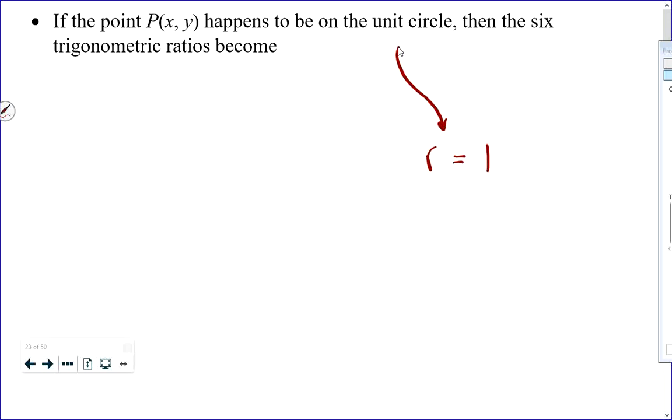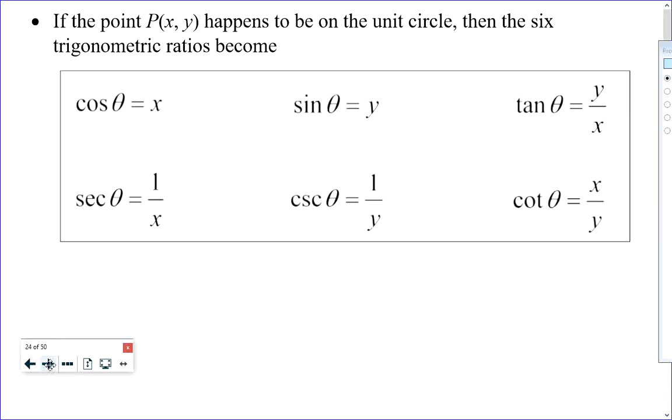So if I tell you that sine is y over r, but it's on the unit circle, then sine is y. And this takes us back to yesterday. That's one of the things we learned about the unit circle. On the unit circle, the y-coordinate is equal to the sine of the angle. On the unit circle, the x-coordinate is equal to the cosine of the angle.